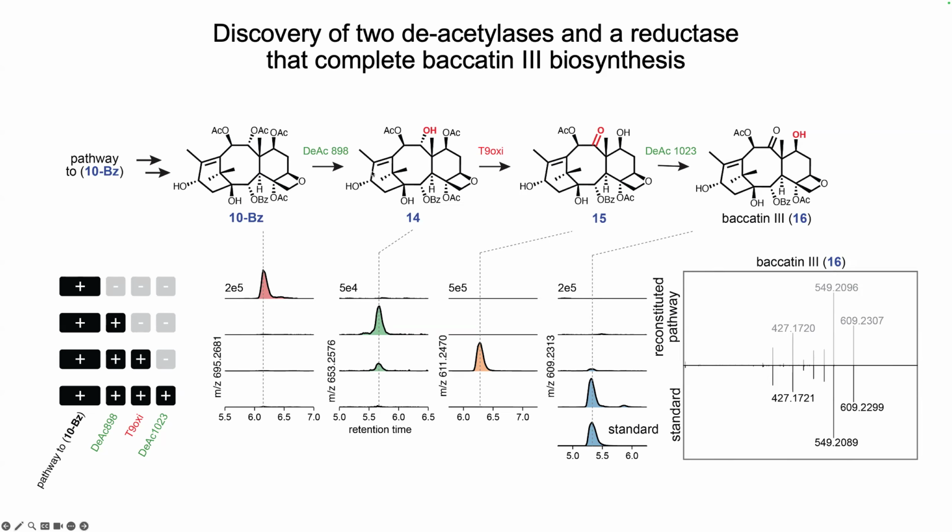And these two deacetylases, combined with one last oxygenase that installs this ketone at the C9 position, allowed us to then synthesize this Taxol precursor baccatin in the leaves of Nicotiana with 17 enzymes from Taxus.